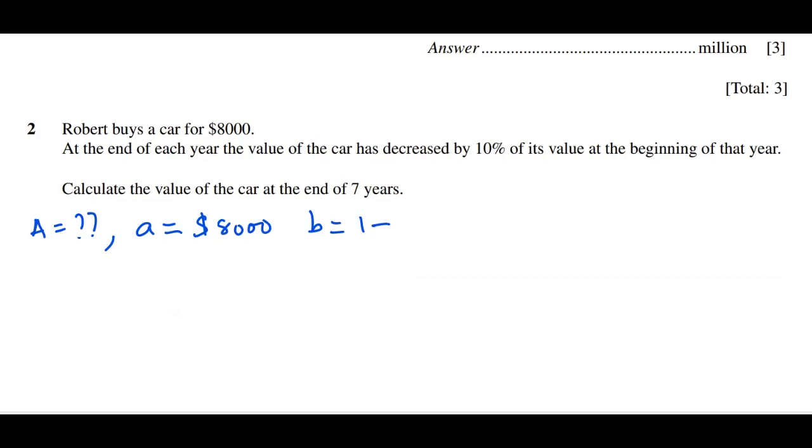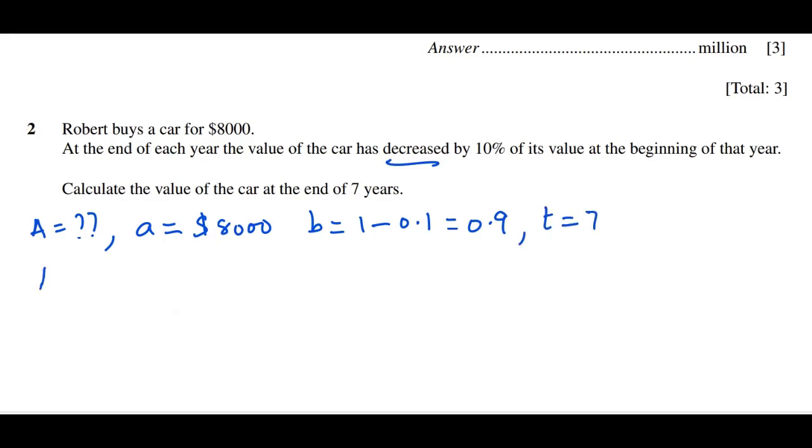So we have 0.1. That's 10%, 0.1, and that gives us 0.9. You see that this is decay because of this decrease that we have here. Then let's look at T, 7 years.